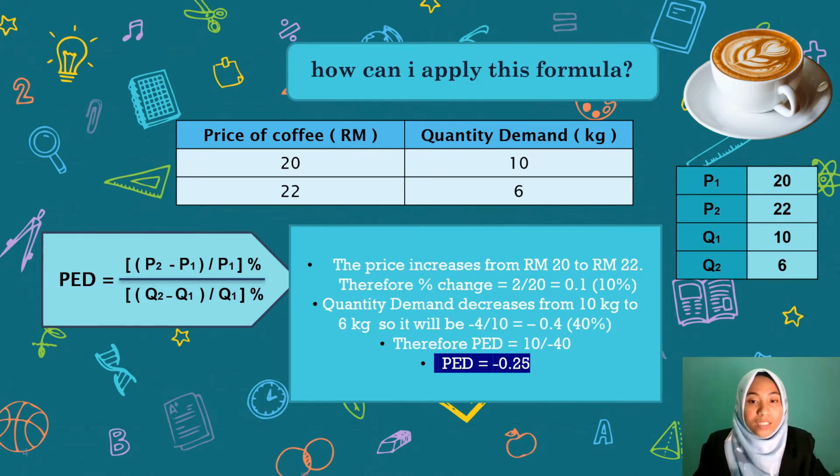So the answer is negative 0.4, and also change to a percentage and it will be 40%. Therefore, the price elasticity of demand equals 10 over negative 40. And the last answer for the price elasticity of demand for coffee is negative 0.25.